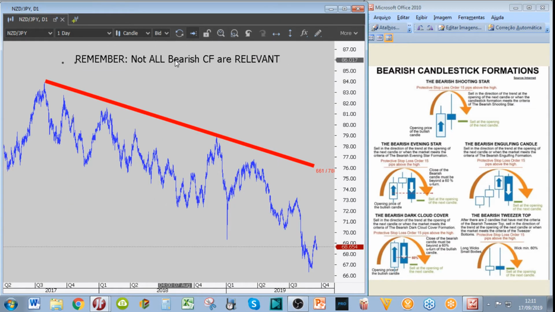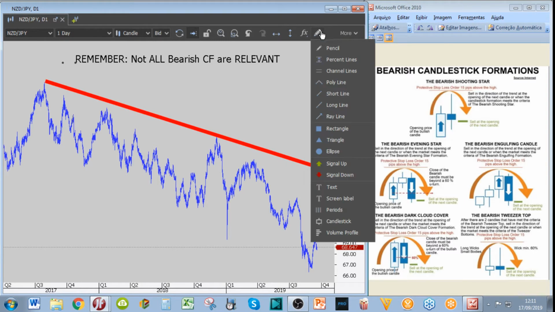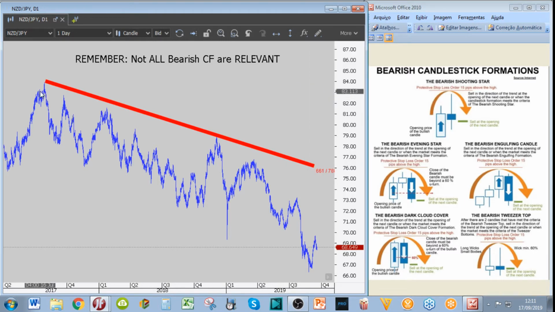This is why it's so important for you to understand and to learn the market wave. So if we are going to try to sell, this is going to be extension, right? Let's say extension, retracement, extension.